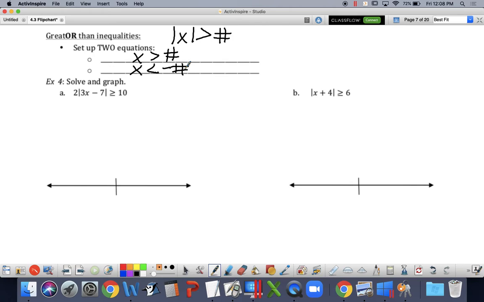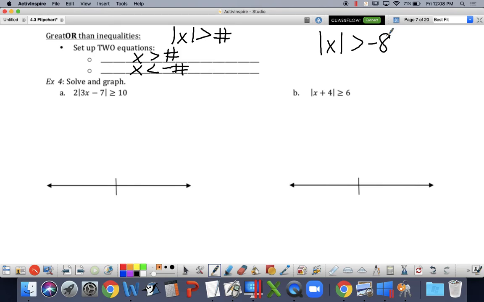Let's say I wound up solving it or whatever, or I see an original equation, something like this. So say I had the absolute value of x is greater than -8. When does that happen? Well, what if I plug in -10?